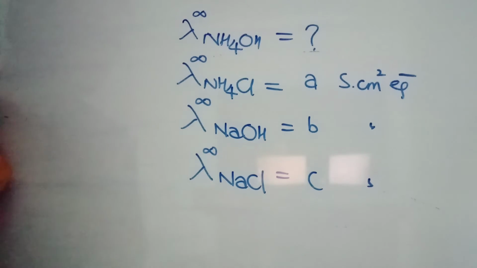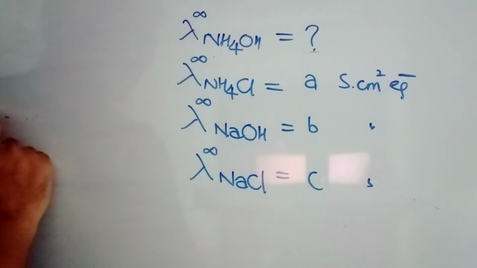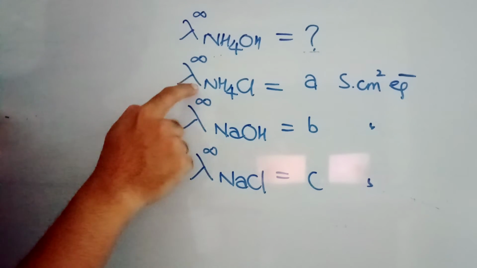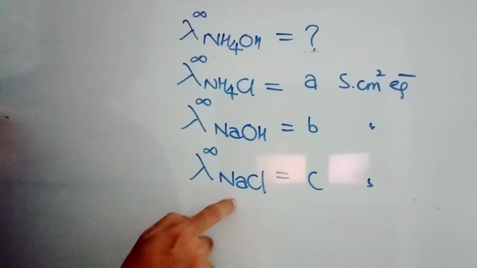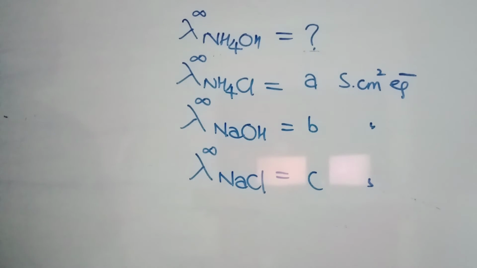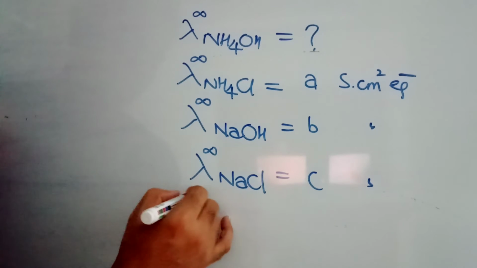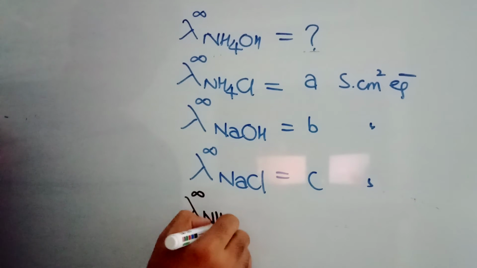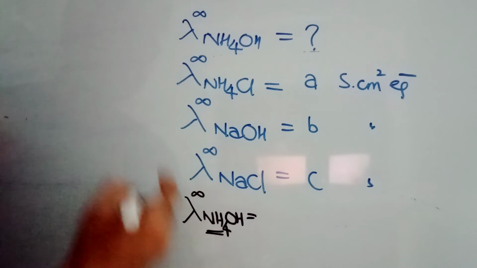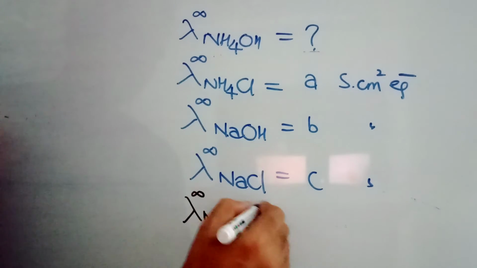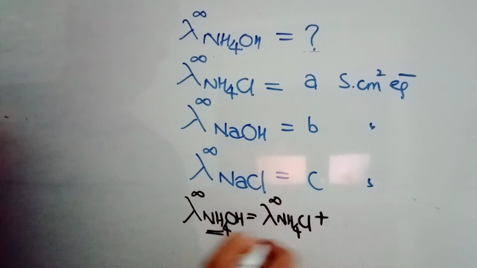In this question, lambda infinity of ammonium hydroxide is asked, and given are lambda infinity of NH4Cl, lambda infinity of NaOH, and lambda infinity of NaCl. According to the Kohlrausch law, lambda infinity of NH4OH is equal to, you take a compound in which NH4 is present, so lambda infinity of NH4Cl, and you need OH.